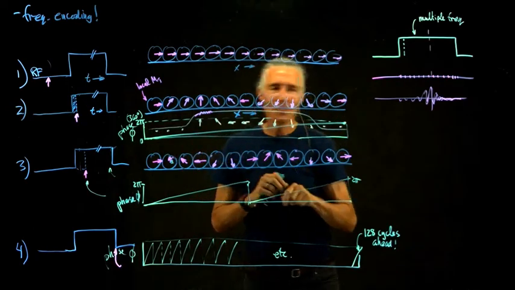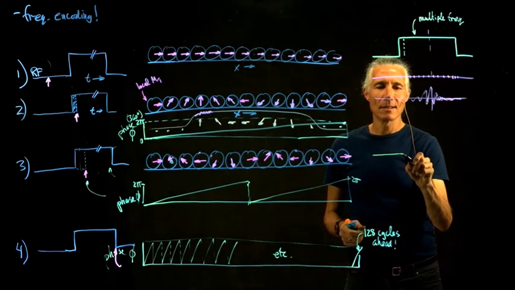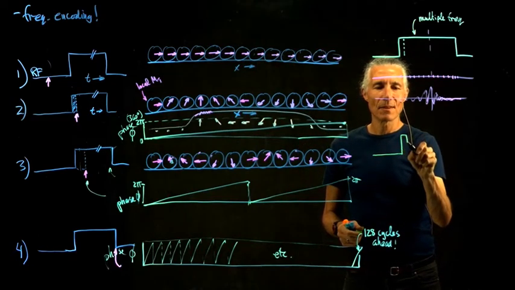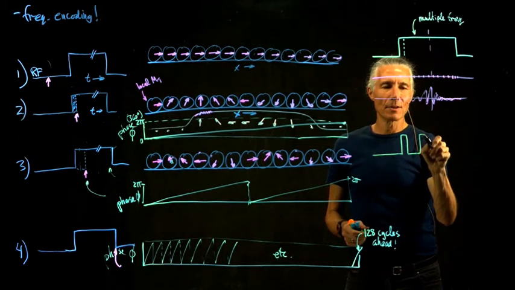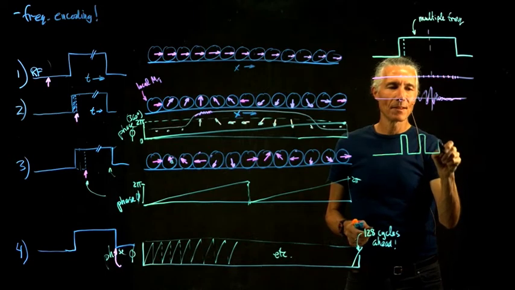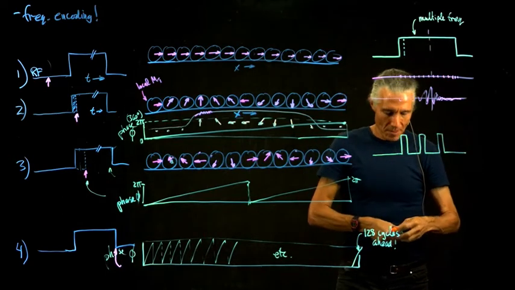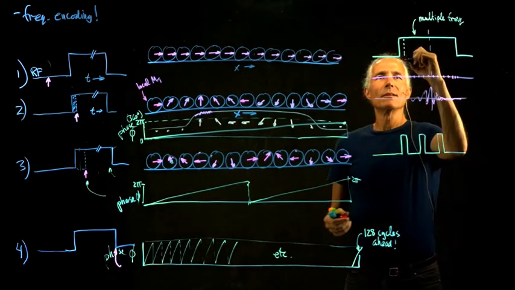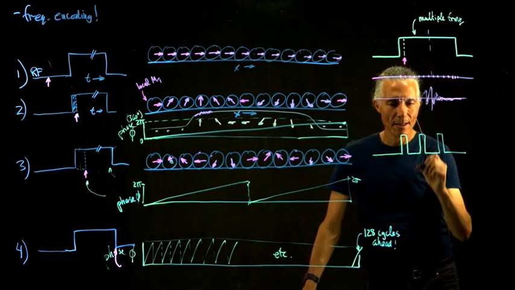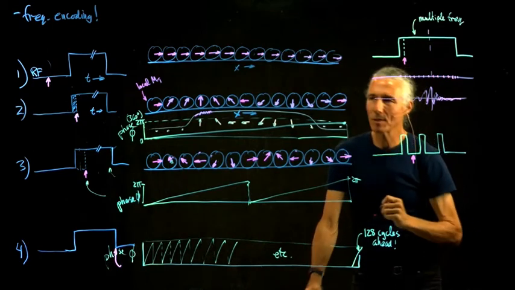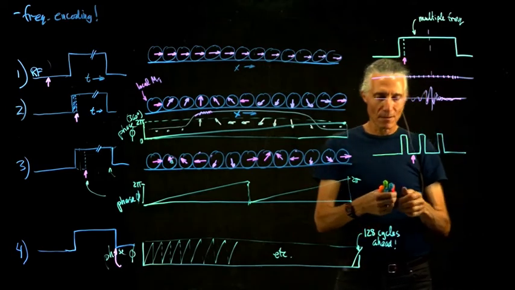But just consider this. What if we turn the gradient on like this and then turn it off? And then we turn it on for another unit of time and turn it off like that. And then what if instead of recording a snapshot with the gradient on, we recorded a snapshot with the gradient off? So in that case, what's going on?